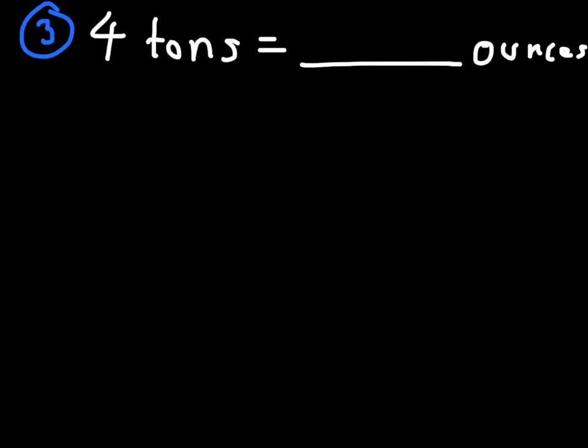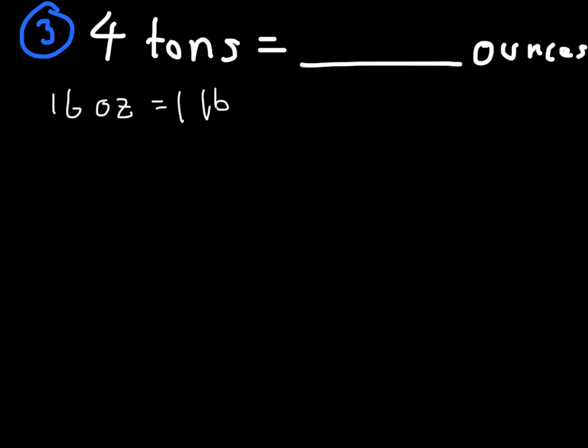Okay, this next one, number 3, says 4 tons equals how many ounces? Well, if I look at my reference sheet, notice I don't have anything that is both tons and ounces, so I'm going to have to use more than one conversion here. The first conversion I'm going to use is ounces to pounds. Okay, so I know that 16 ounces equals 1 pound.